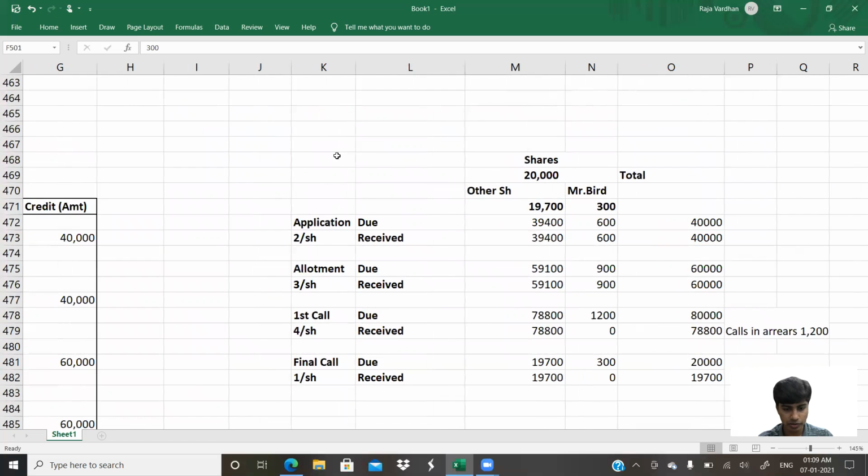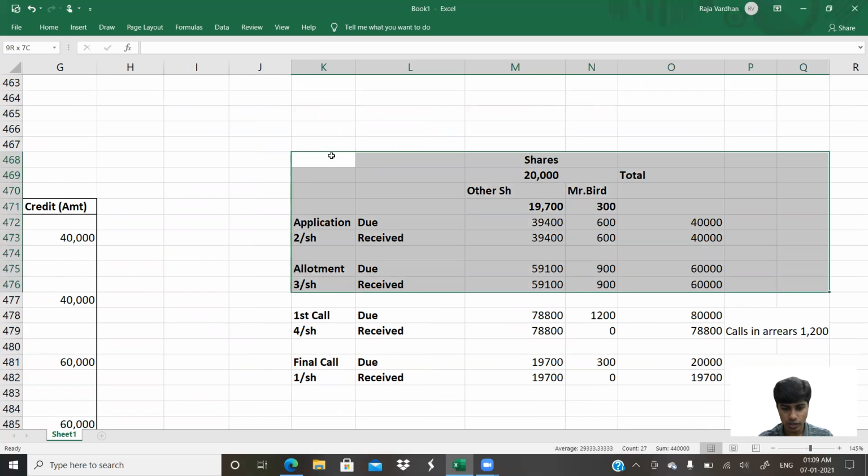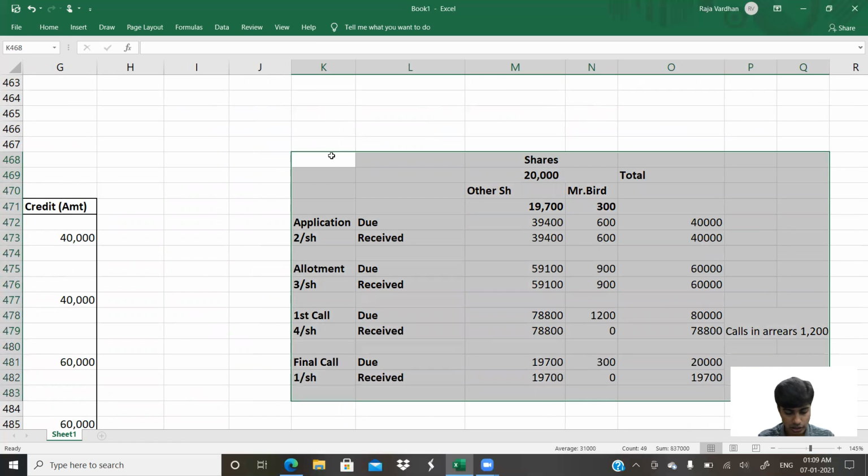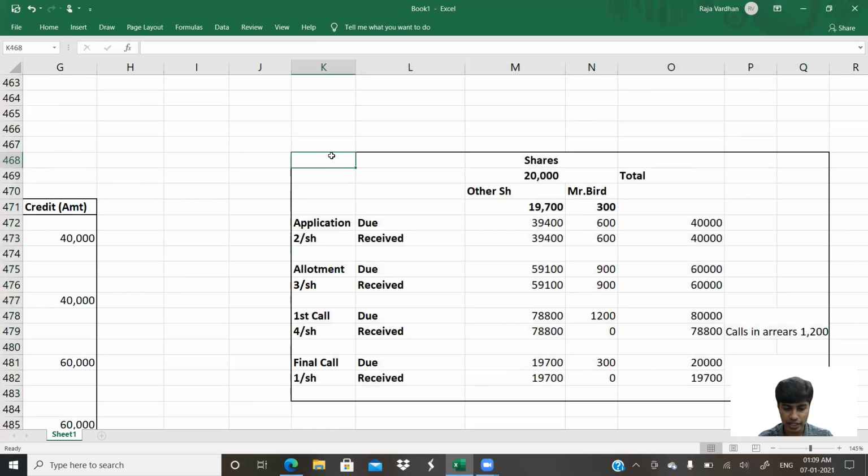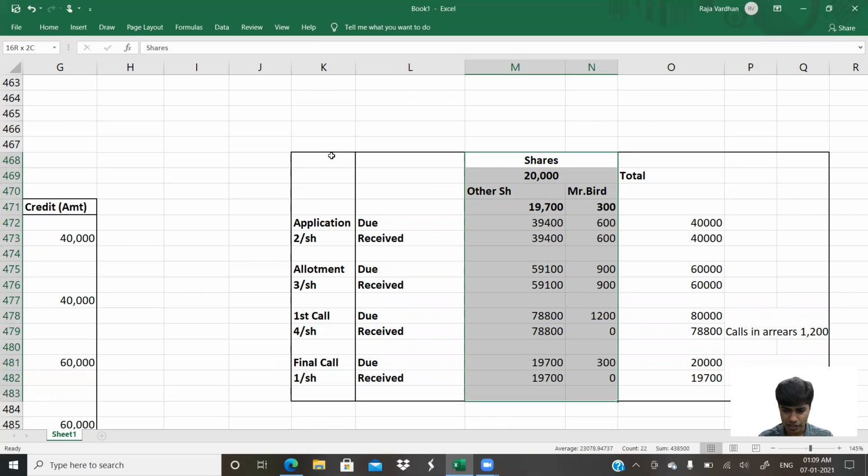This is one table. I don't usually call this a working note. And in the usual class where I teach also, I don't put this table as a part of the answer. I teach them working note along with the answer solve itself. However, if you guys have learned it this way, you guys can copy this.